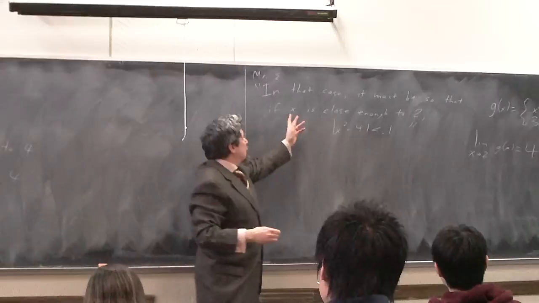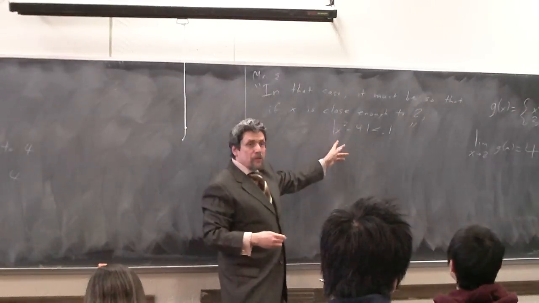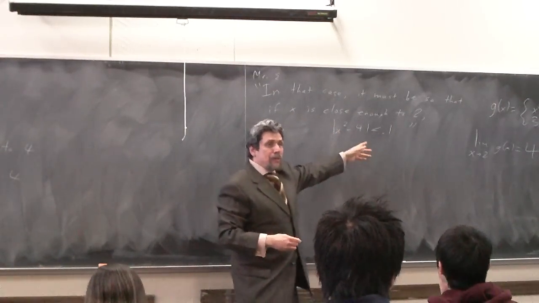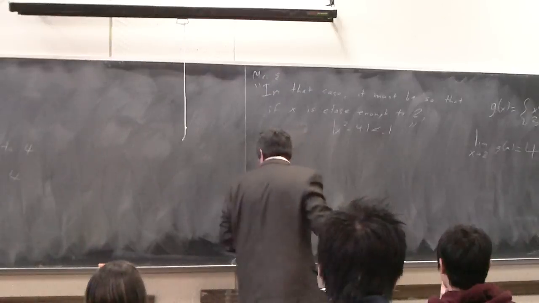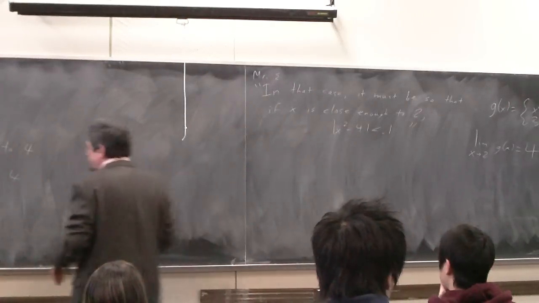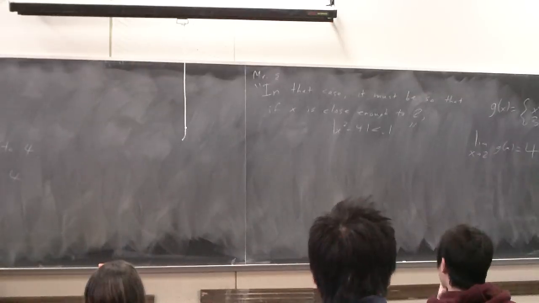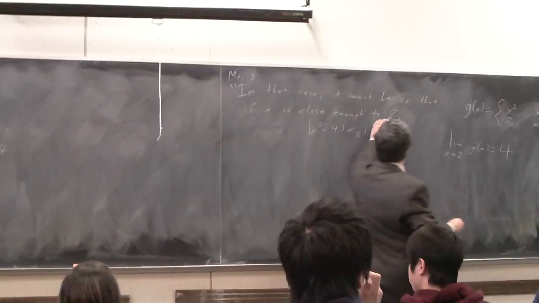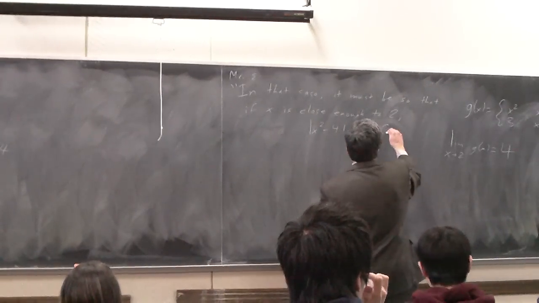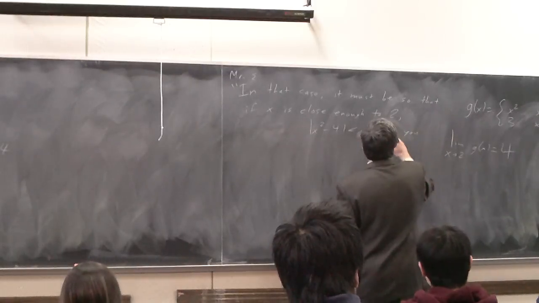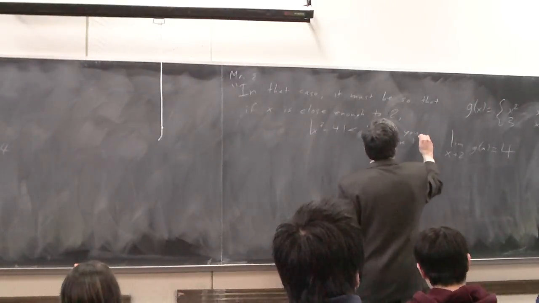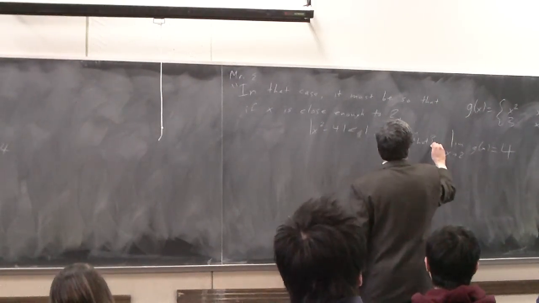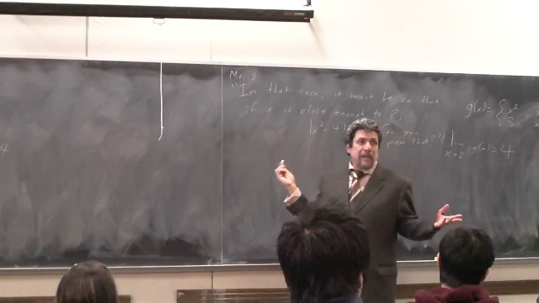He says, in that case, it must be so that if x is close enough to 2, the distance from x squared to 4 is less than, let's say, 1. All right, let's say 1, okay? So can you prove that?